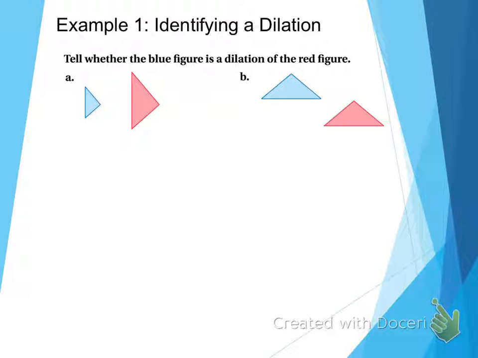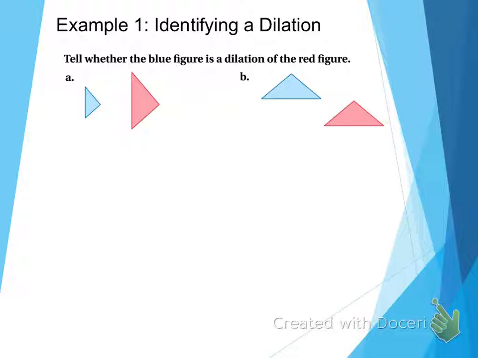So looking at our first example here, we're going to tell whether the blue figure is a dilation of the red figure. If you're looking at A here, the lines connecting corresponding vertices meet at one point.